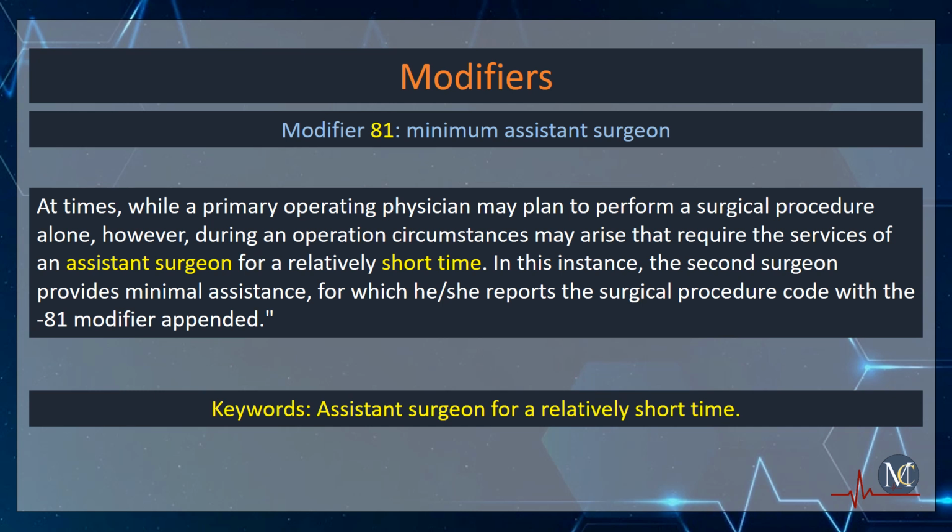In this instance, the second surgeon provides minimum assistance, for which he or she reports the surgical procedure code with modifier 81 appended. This modifier is not intended for use by non-physician assistants at surgery like nurse practitioners, physician assistants, or registered nurses. For CPT modifier 81, key terms include assistant surgeon for a relatively short time.